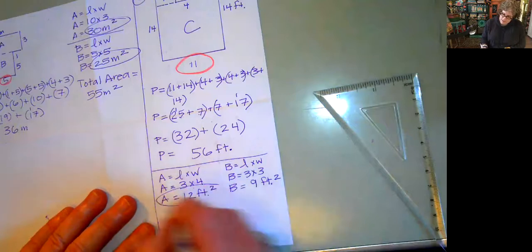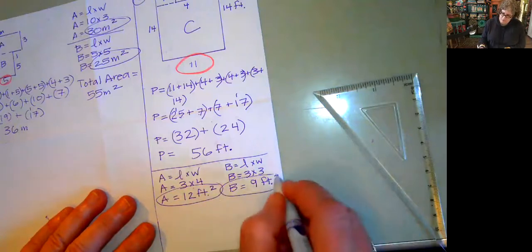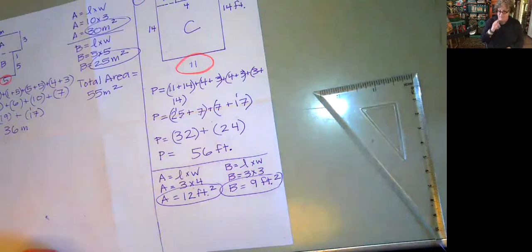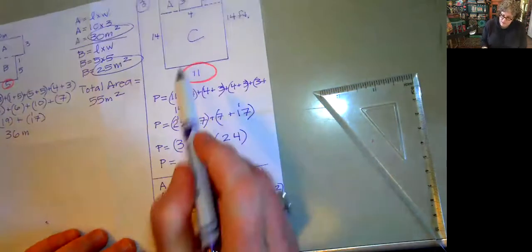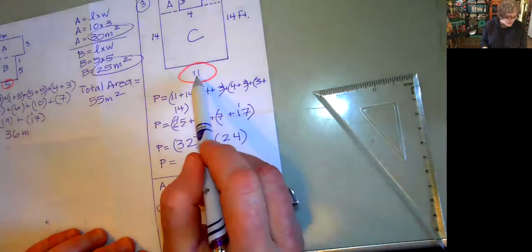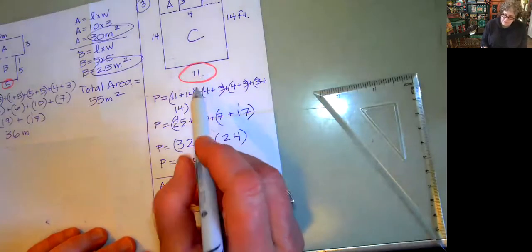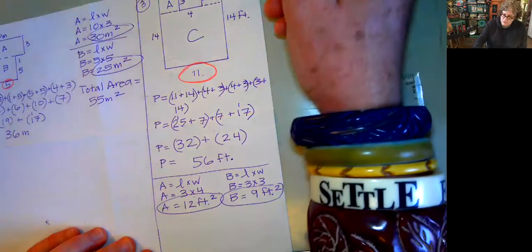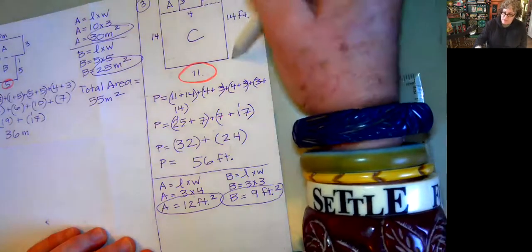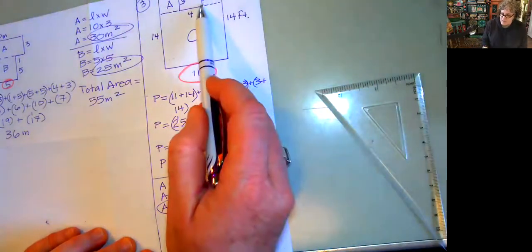So this I need, because remember I'm totaling them all together. Now I have to find big chunker, and that's going to be a little bit difficult because we said that the whole length of the side was 14. So I'm going to get rid of this 3.